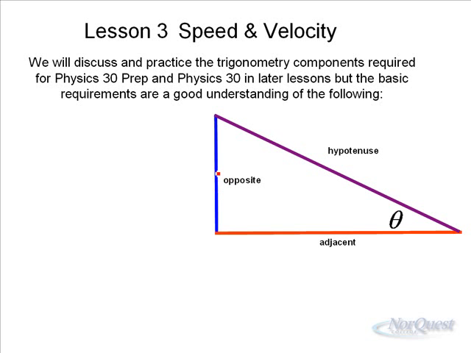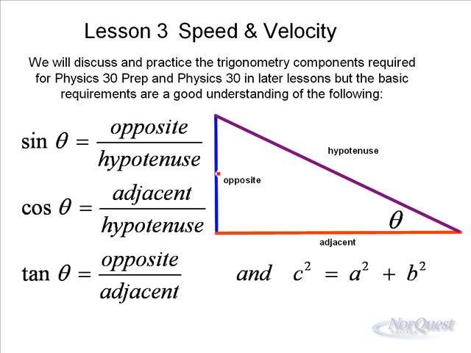And an angle measured with respect to the hypotenuse in one of the arms can be defined in terms of the ratios of the sides. Will give you what is called the sine of an angle, the cosine of an angle, or the tangent of an angle. And we still use Pythagoras. C squared is equal to a squared plus b squared.